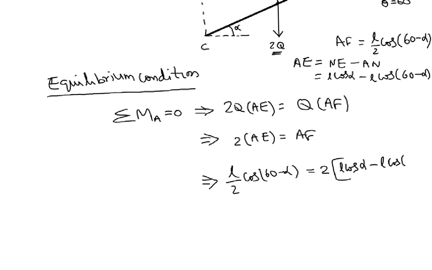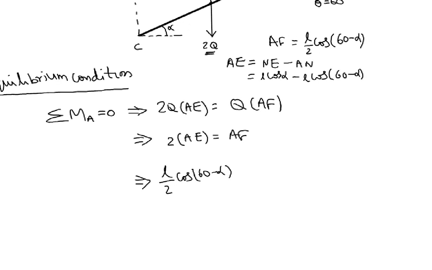Let me write it so that it doesn't go out of the screen. Let me move it a little bit here. So 2 times (L cos alpha minus L cos (60 minus alpha)).